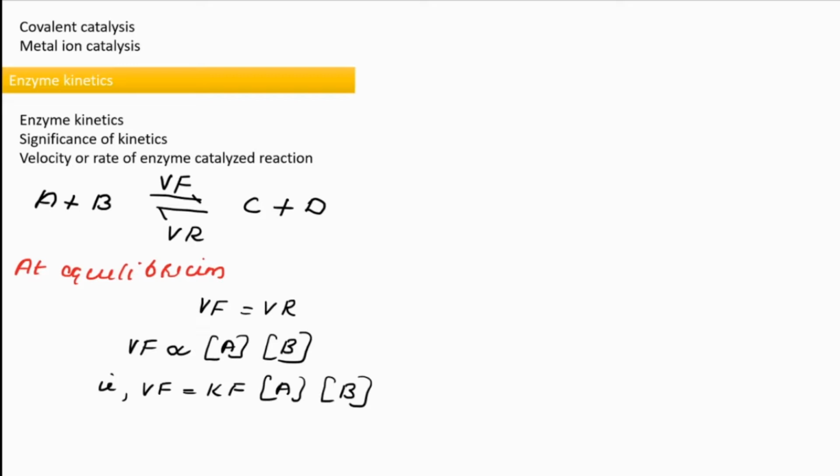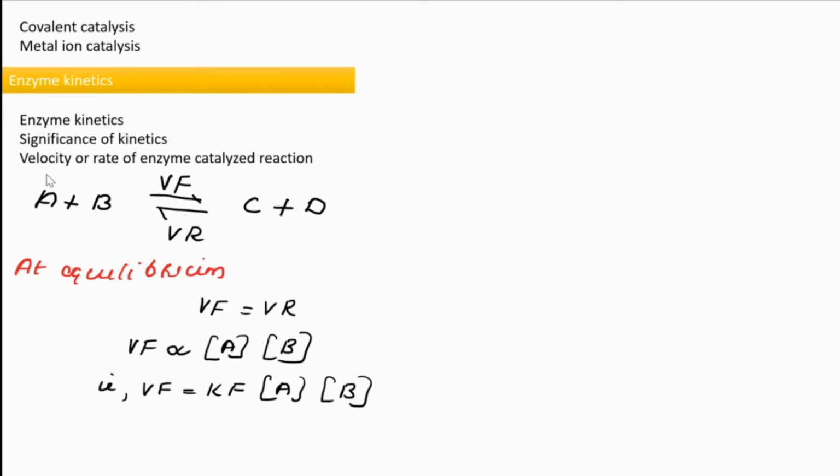Second, it helps to understand the response of enzyme to intracellular environmental changes. Third, it helps to understand how enzymes are controlled. These are the three significances of understanding the kinetics of enzymes.